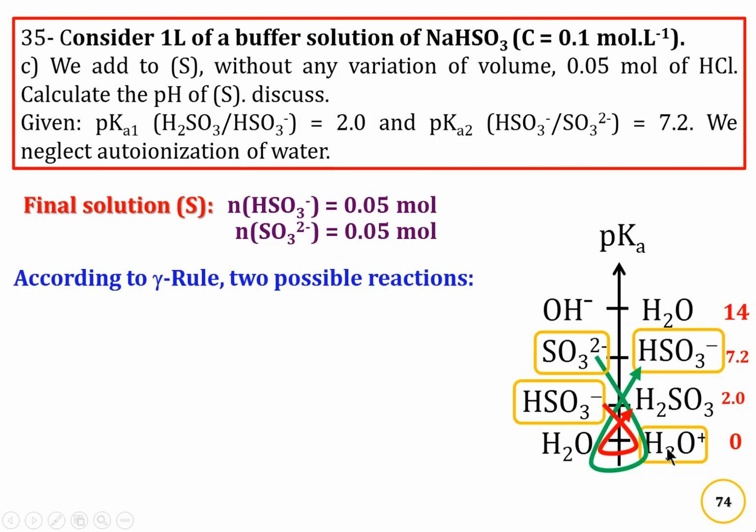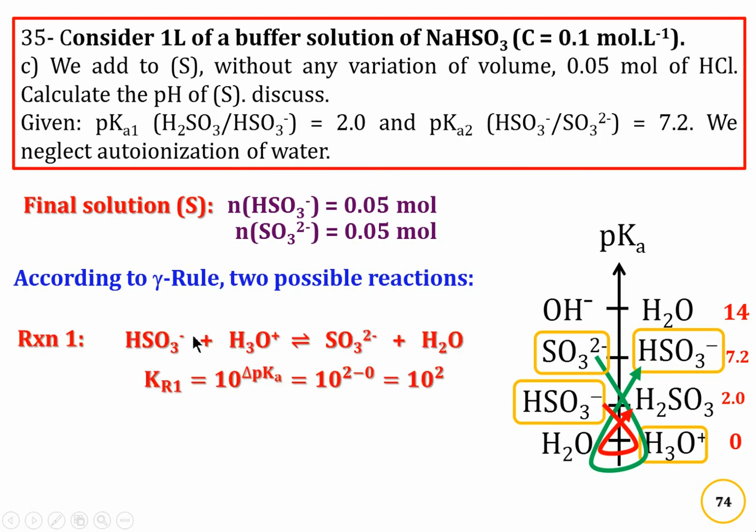The first is between H3O+ and SO3 2−. The second is between H3O+ and HSO3−. So we write the two reactions and we calculate K of the reaction. HSO3− plus H3O+ gives SO3 2− plus H2O. K of reaction 1 calculated is equal to 10^2.